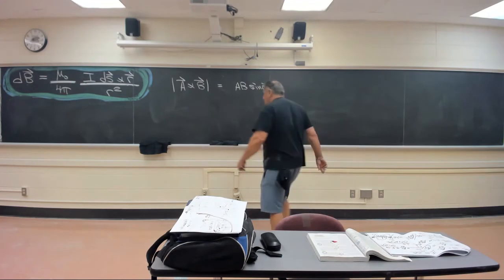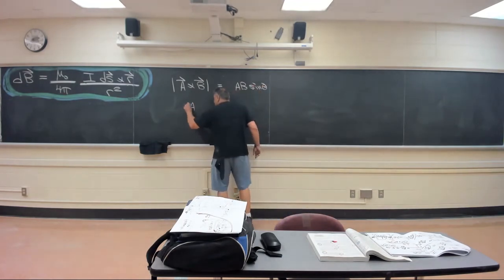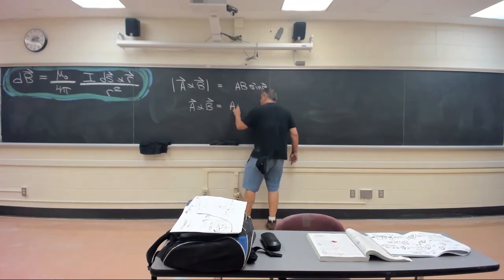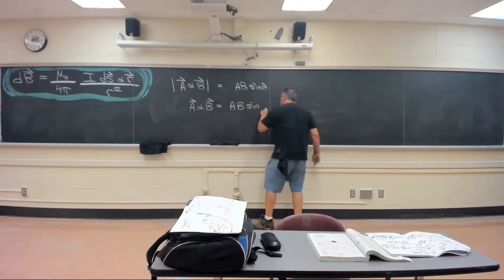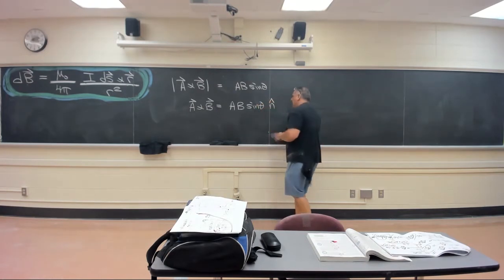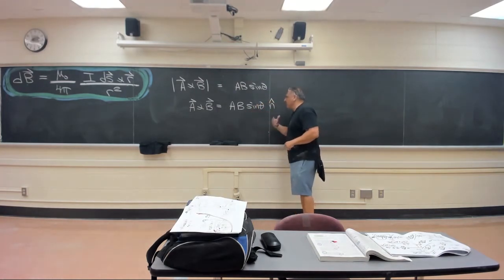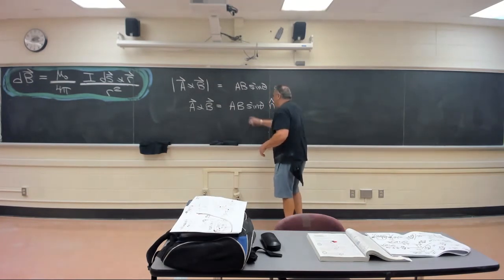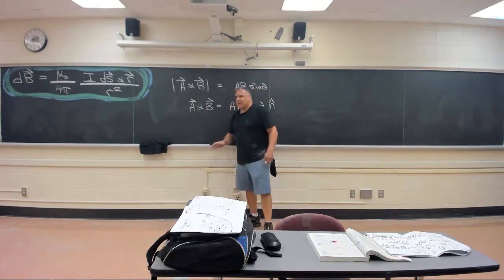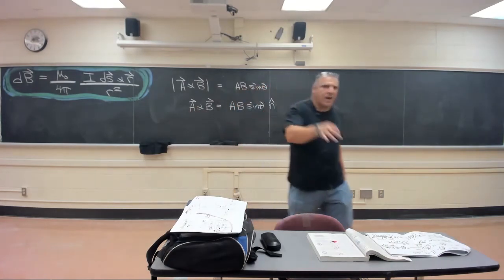So A cross B equals AB sine theta, and the result of the cross multiplication is a vector with this magnitude that is perpendicular to each of the two vectors, A and B, in a right-handed manner.